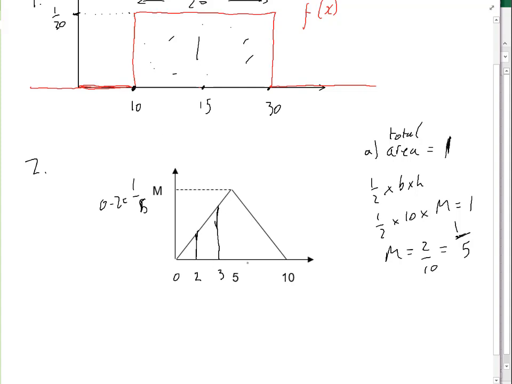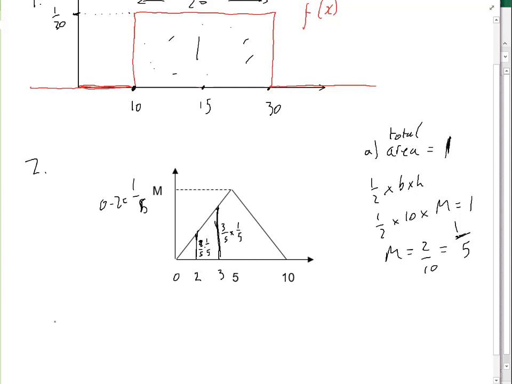So the height of this is going to be, if this is 0.2 or a fifth, it's going to be 3/5 of a fifth. That is the height to here. And this is going to be 2/5 of 1/5, the height from here to here.